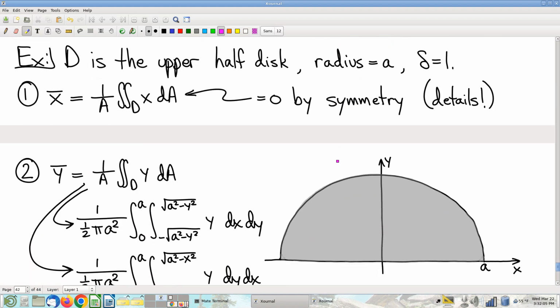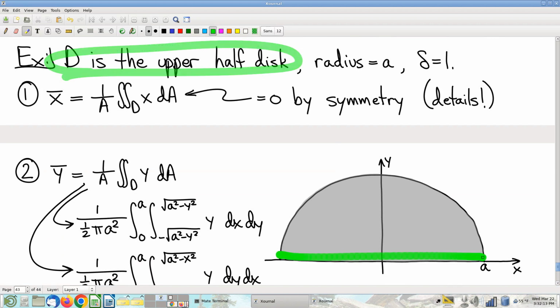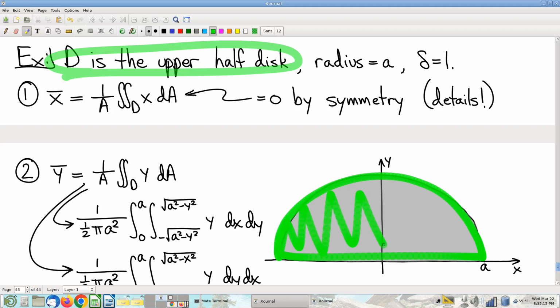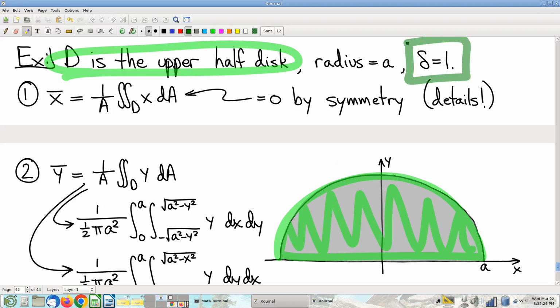So here we go. We're going to do an example. We're going to compute the center of mass of this upper half disk, with the understanding that the density is constant at 1, just to keep things convenient for this first example.